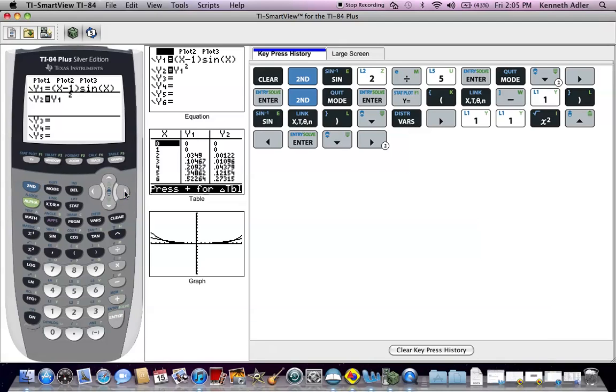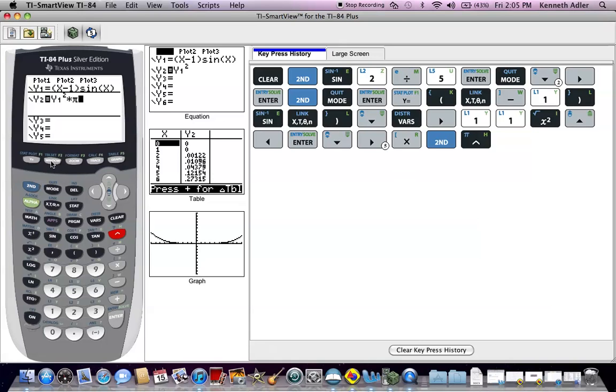Remember times pi. We forgot to multiply by pi, right? Oh yeah. So that's the function, and we're going to take the integral of that, because that's our pi r squared, from pi to 2 pi.